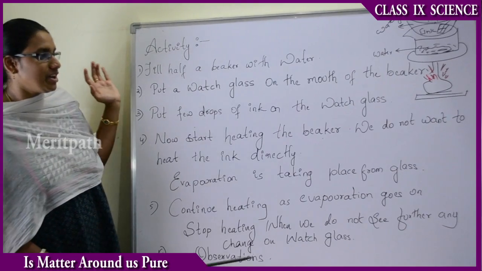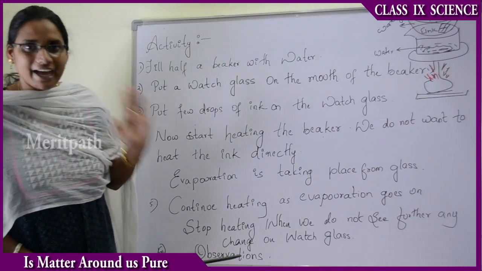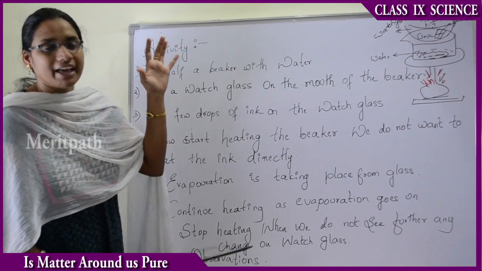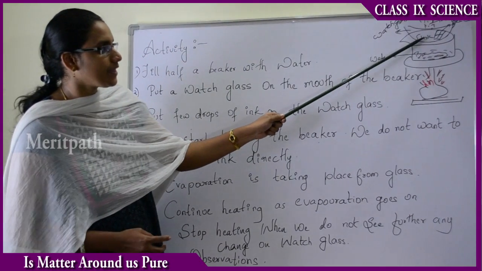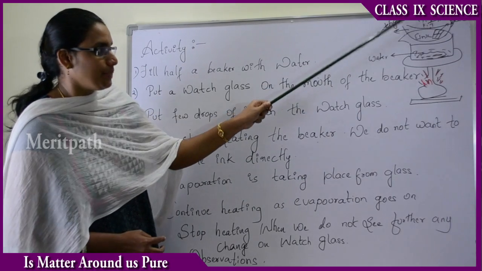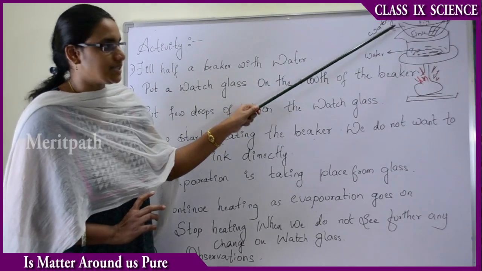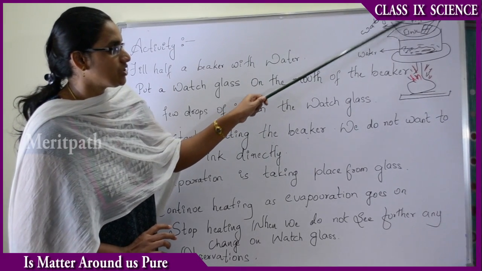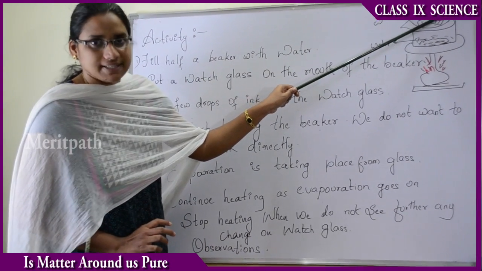That means we do not want to heat the ink directly, right? When we heat the water, the ink vapors will go off because of the evaporation process. Thereby, we will see some residue forming on the watch glass.